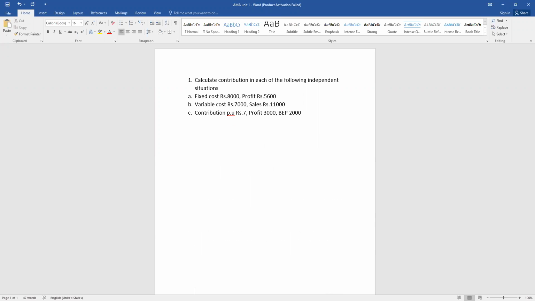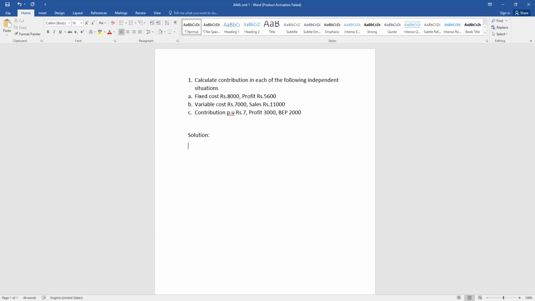So let us see how we calculate the contribution in the first scenario. As discussed earlier, in the marginal equation that we had derived, any one factor could be found out when the other three factors are given. I repeat again, when three factors are given, you will be able to calculate the other factor.